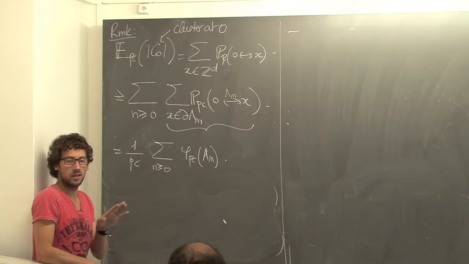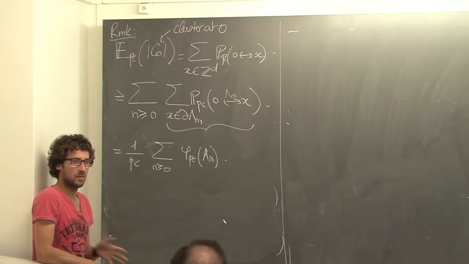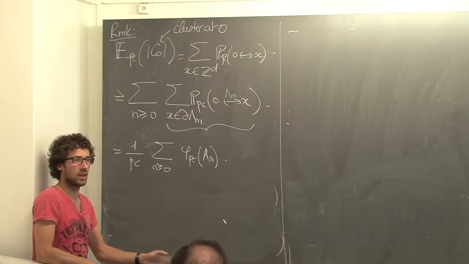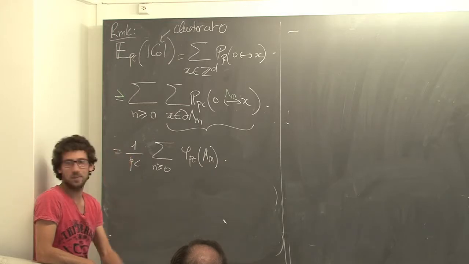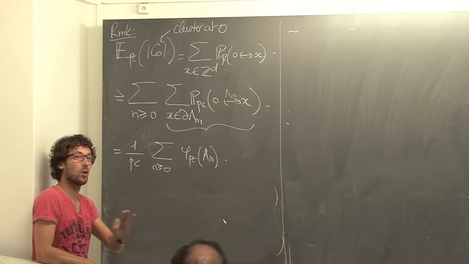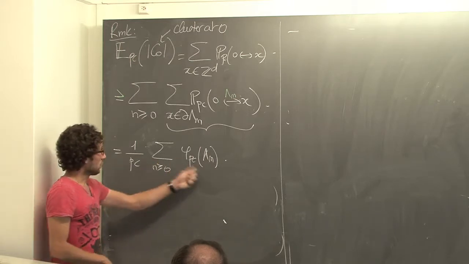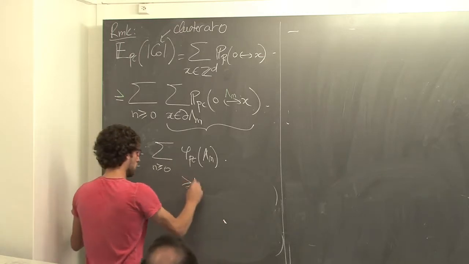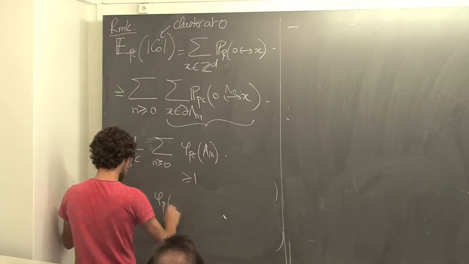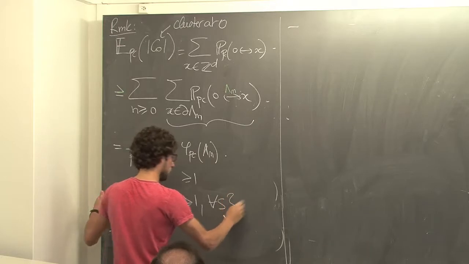This, at least the first time we saw it with Vincent, was really like, there is something wrong somehow. No? Whatever the critical model you take, at PC, any set you can imagine, phi PC of S will always be larger or equal to 1. So this guy is larger or equal to 1 because the set of P's for which phi P of S is larger or equal to 1 for every S is closed.